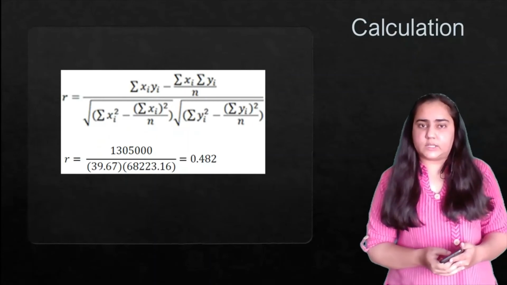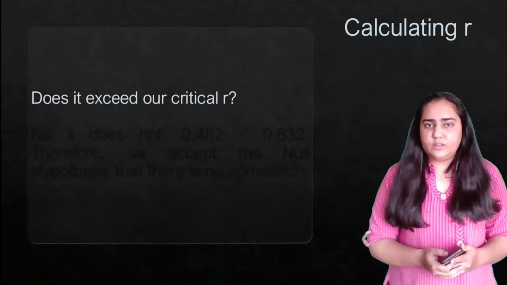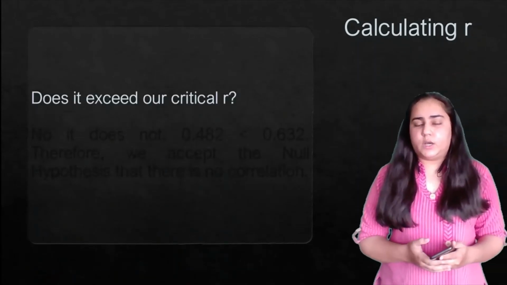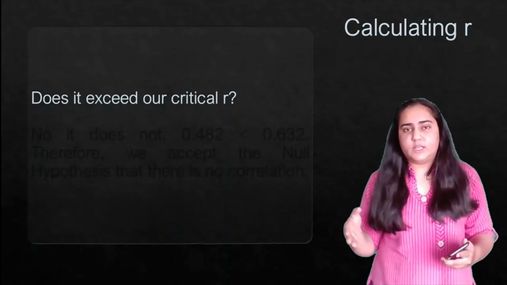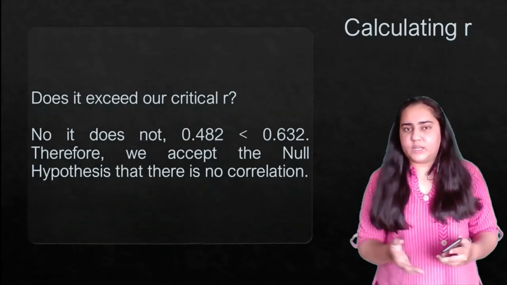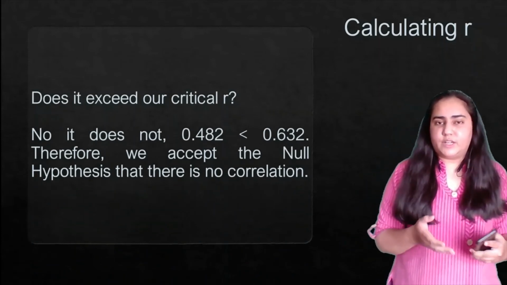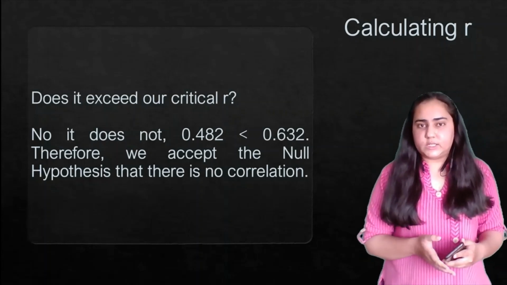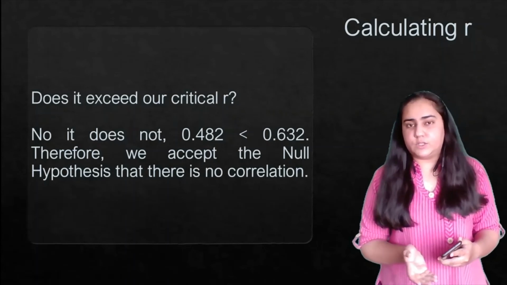Now, what does this value of R show us? First, does it exceed our critical R? Do you remember what the critical R was? The critical R was 0.638, I think. So it does not exceed, right? 0.632. Our value of R that we have calculated is 0.482, and our critical R was 0.632.